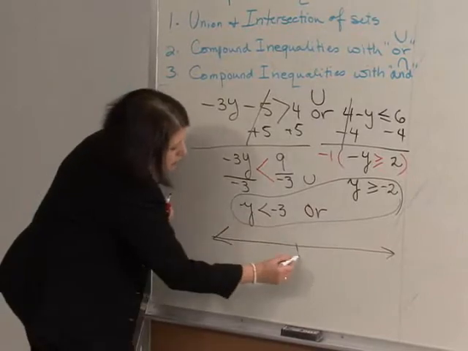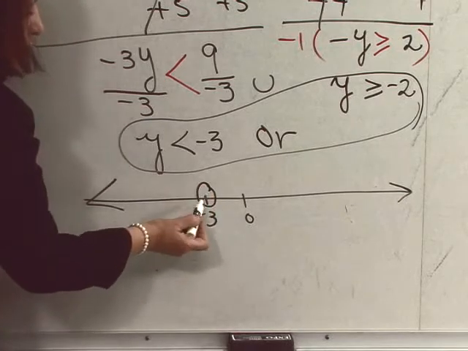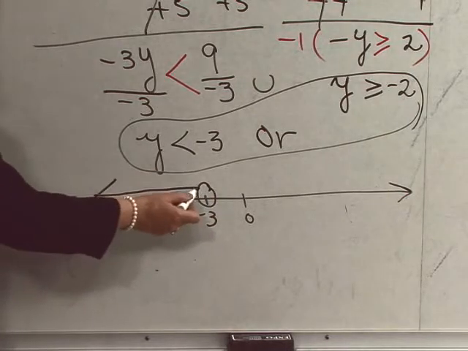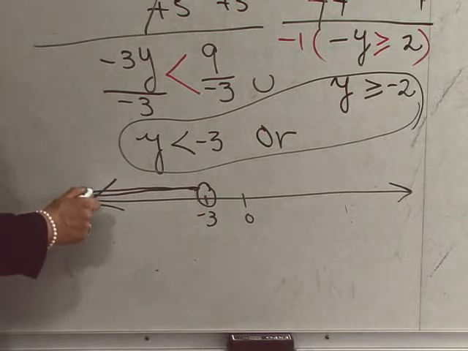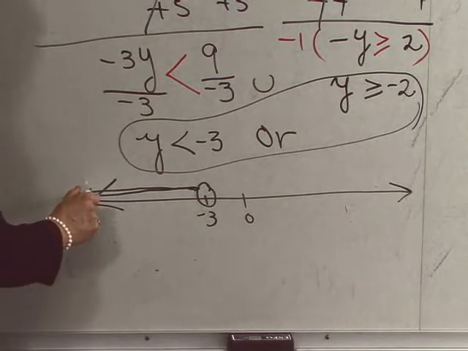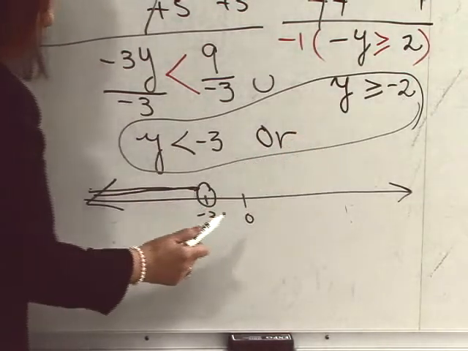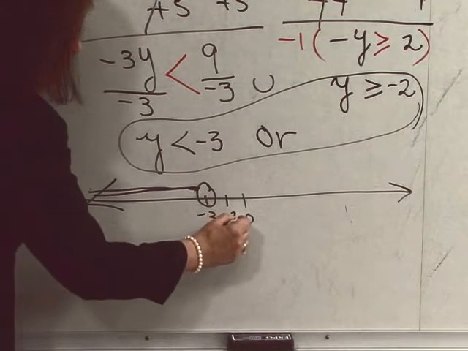Y is less than negative 3, so that's negative 3. Not equal to negative 3, so I make it an open circle to indicate that the negative 3 is not part of the solution, but all numbers smaller than negative 3, which are located on the left of negative 3, are included in the solution. Y is greater than or equal to negative 2. So that's negative 2.